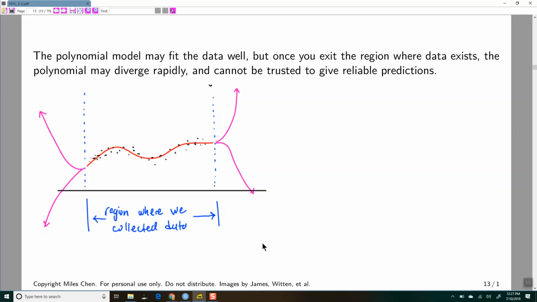So polynomial regression is not good for extrapolation, right? Even with linear regression, it's dangerous to extrapolate, because you are assuming the same linear relationship will continue to hold for the next 10 years or something, which may or may not be true, right? We don't know exactly what will happen in the future.